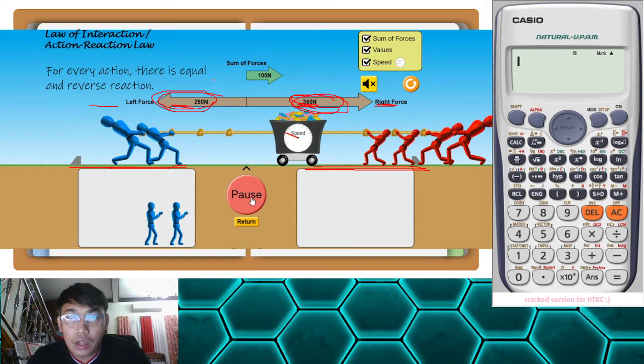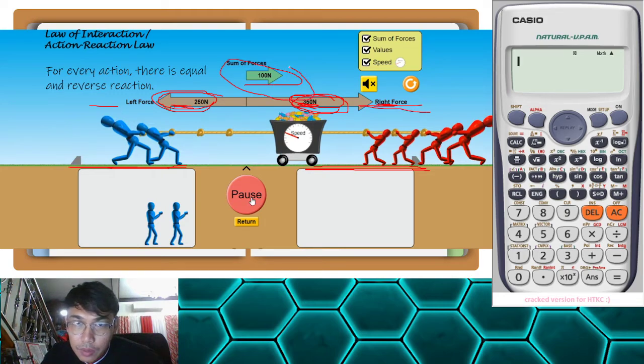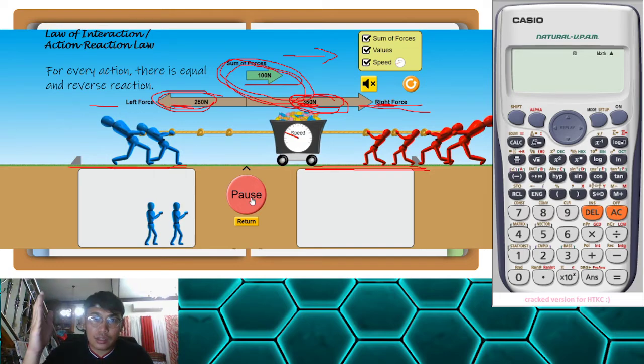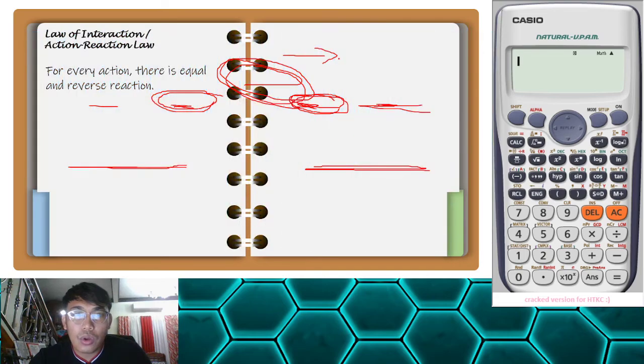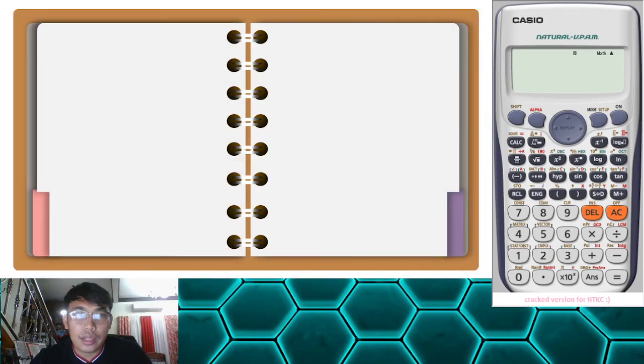And also, when the force is going to the right, then automatically the acceleration is also going to the right. Okay? So, any questions regarding this? If you don't have any questions, let's move on to our next slide.